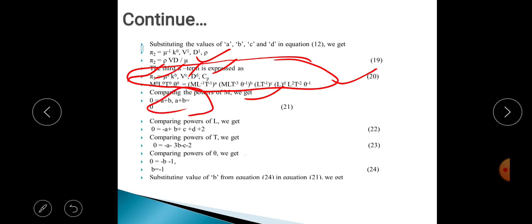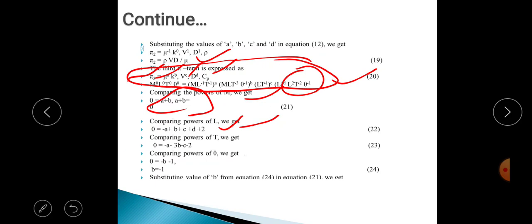Now we compare the powers of the next term, which is L, and we get 0 equals minus a plus b plus c plus d, and here it is 2. So this we get as equation 22. Next we compare the powers of t and we get 0 equals minus a, minus 3b, minus c, minus 2.